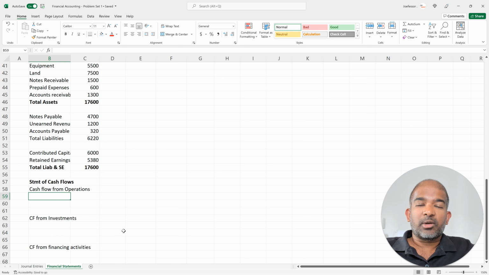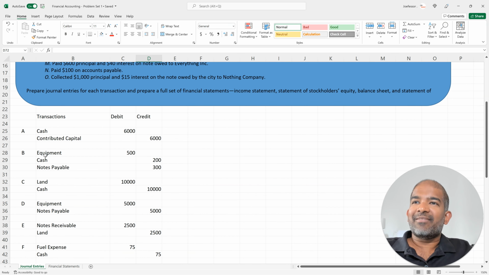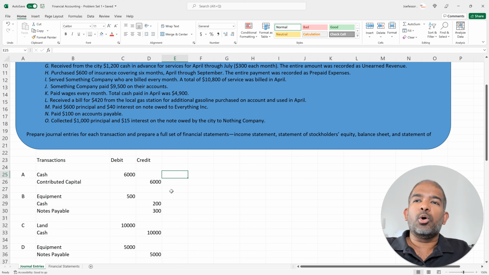Now we go back to our journal entries to see which of the cash flows fall under each of these segments. Let's start with wherever we have a cash transaction, and we'll try to identify what category they belong to. I'm going to use the letters O, I, and F to refer to operating activities, investing activities, and financing activities for cash flows.